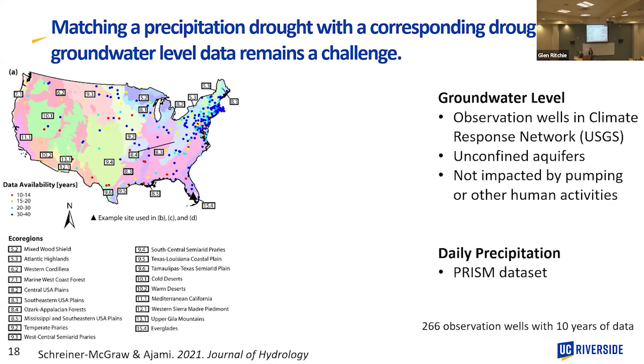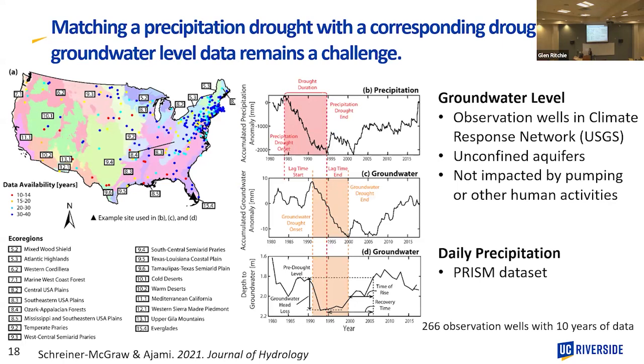And what we did, we ended up using 266 wells across the country and used the precipitation time series and groundwater time series to try to identify groundwater droughts as well as precipitation droughts, and then looked at the relations between them.